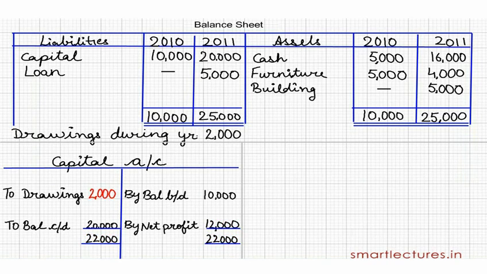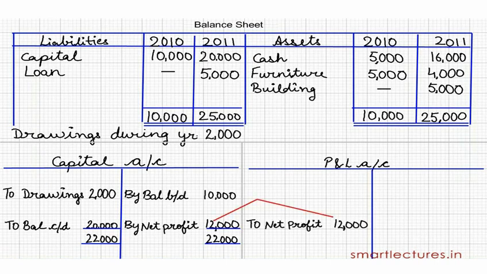Now, before I prepare the cash flow statement, I must know the value of cash from operation. For cash from operation, I need the profit and loss account. Let's imagine, on the basis of available information, what the profit and loss account of this firm looks like. On the credit side, I don't know what is there, but on the debit side, there must be, to net profit at the end, rupees 12,000. One thing more: if you look at the balance sheet carefully, last year the furniture was 5,000.